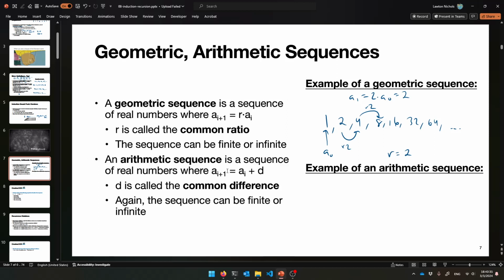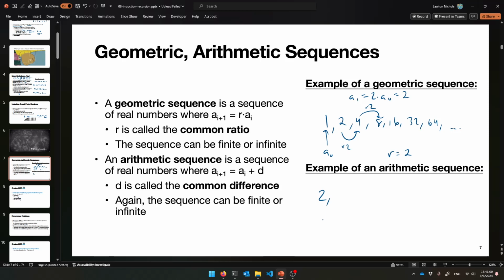Okay, so that's a geometric sequence. Very similar ideas in an arithmetic sequence. That's a sequence where the next one is the previous plus some number. We call that the difference between elements. It's called the common difference, all right? So the sequence can be finite or infinite again, so let's give a finite arithmetic sequence. Let's call it sequence b.